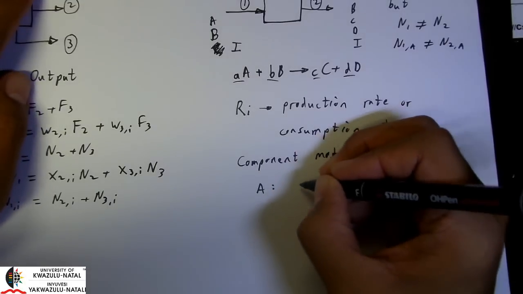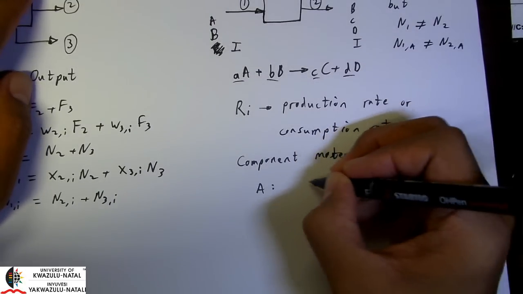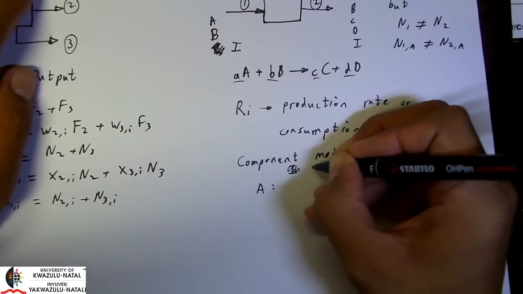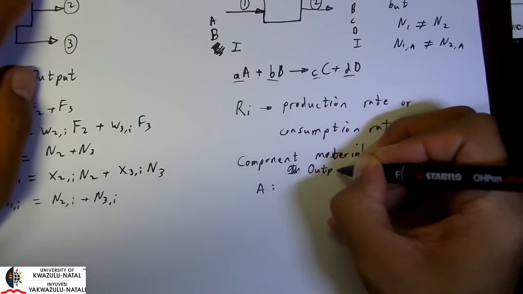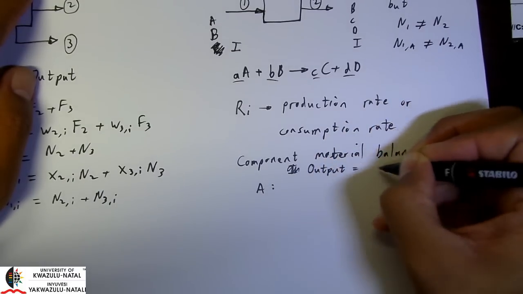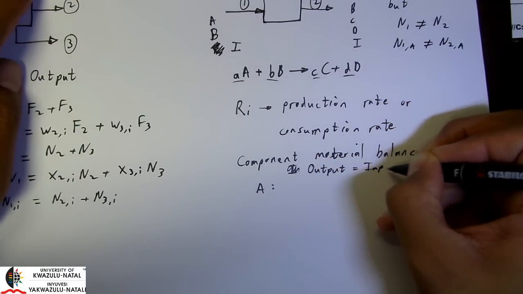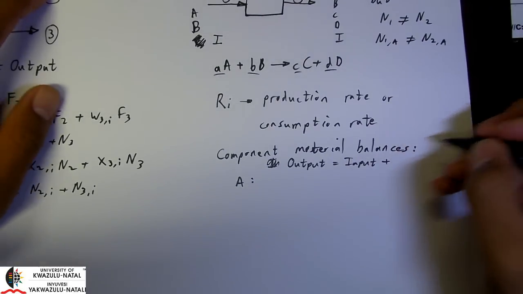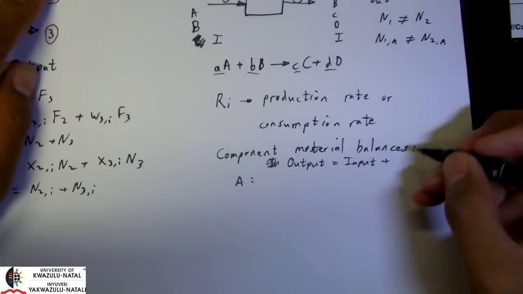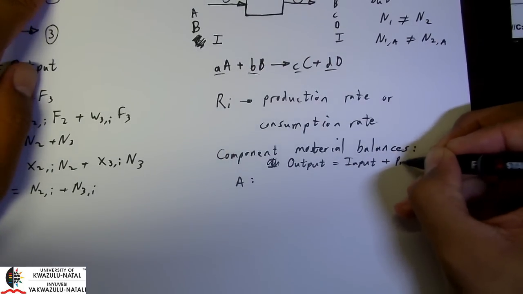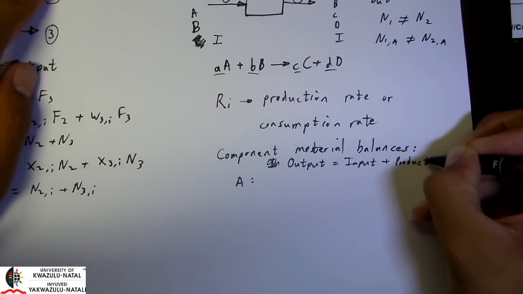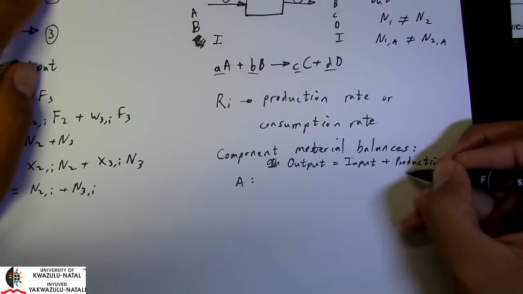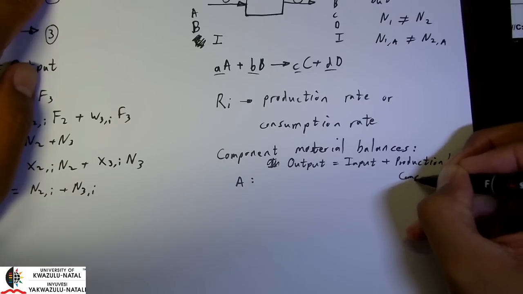So if we have to say the general expression, output is equal to input plus the effect of the reaction expressed by Ri, so that's either your production or your consumption rate.